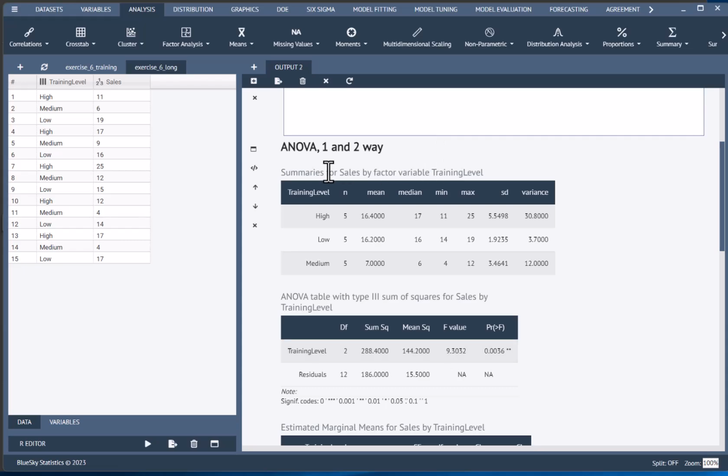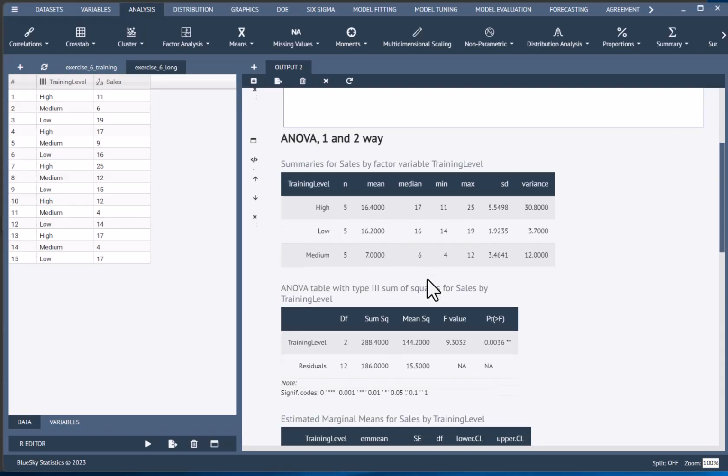So if we look at sales by training level, we see that for training level high, these are just descriptive statistics, the mean sales level is 16.4, for low the mean sales level is 16.2, and for medium, the average sales level is 7.